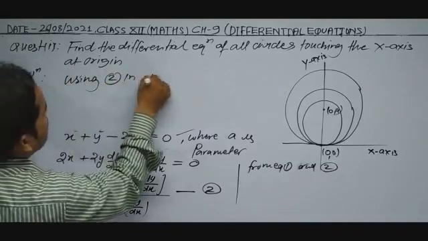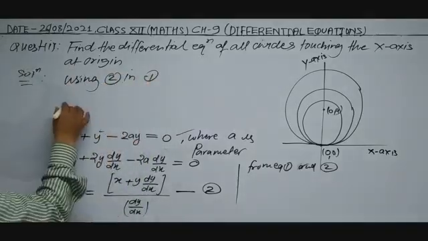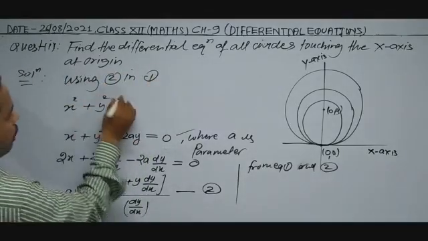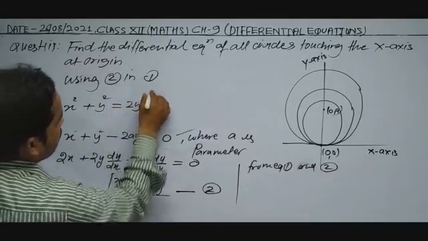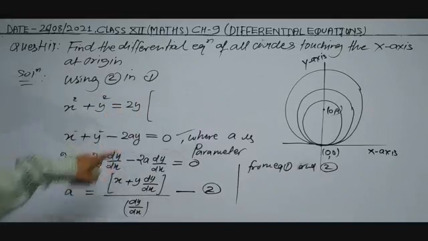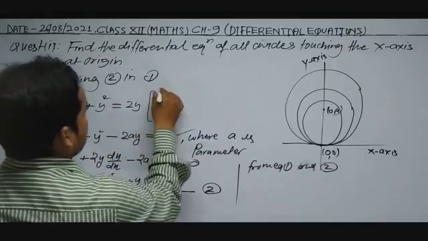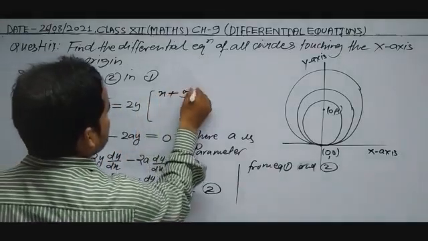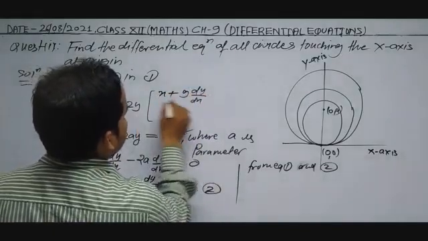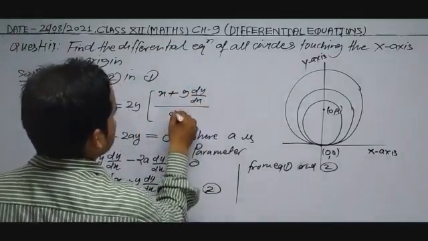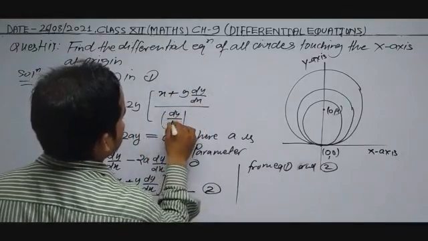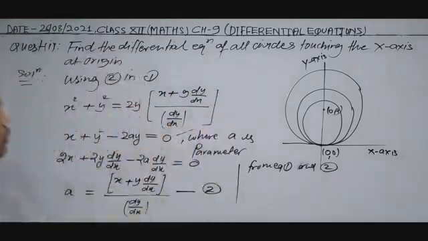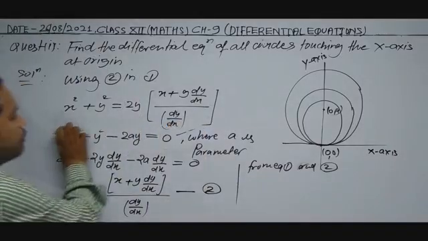Now x square plus y square is equal to 2 times y in bracket, where small a is x plus y dy by dx whole upon dy by dx. This is the value of a. Now we have to simplify.